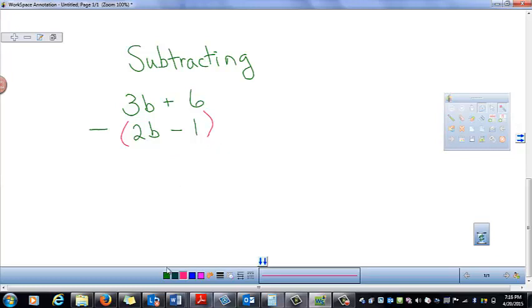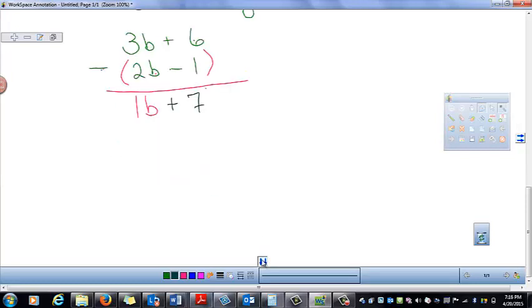So you're subtracting everything. So you have 3b minus 2b. So 3b minus 2b is 1b. And here you have 6 minus negative 1. So that becomes plus 7, because when you have a minus and a negative, it becomes a plus.